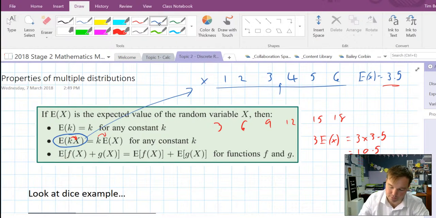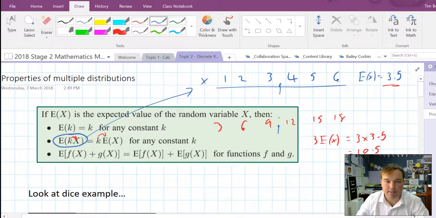And we can see that still fits right in the middle there. 1.5 up from 9, 1.5 down from 12. Right. So if every term inside a distribution is being multiplied by a constant, that has the same effect of multiplying the expected value, or the average, by that constant. I hope that makes some sense. This is what's happening here.